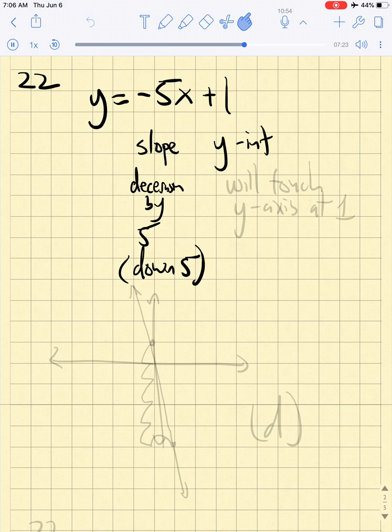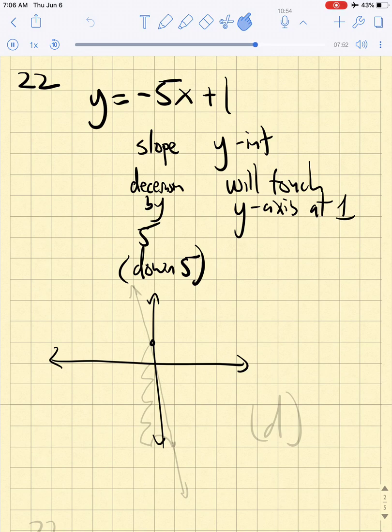And the y-intercept will touch the y-axis at 1. Okay? So without doing the chart, right, we know that it's going to touch the y-axis at 1. That's how I start the graph, with the 1 dot at y equals 1.